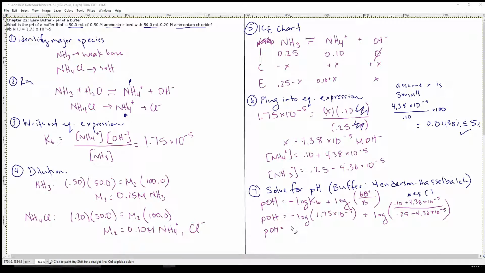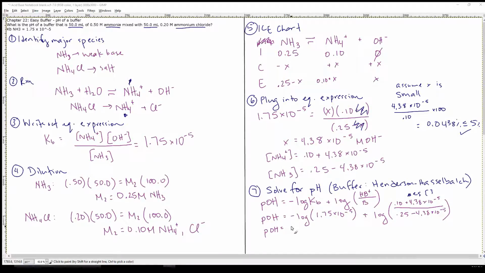That would be nice. I don't have that though, so oh well. Divided by 0.25 minus 4.38 times 10 to the negative 5. Okay.